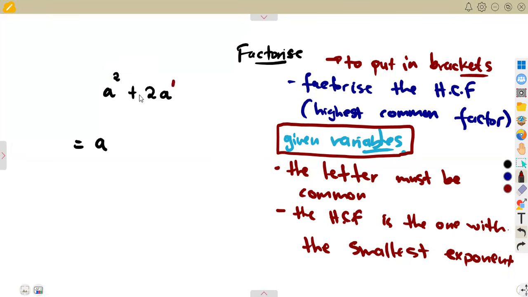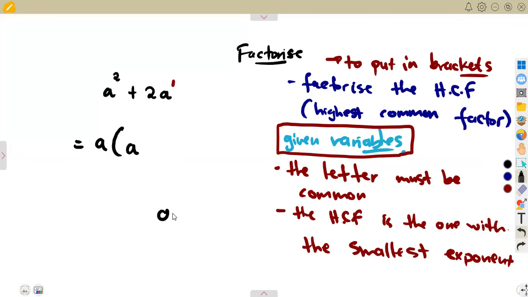So which one has got the smallest power between these 2 and 1? 1 is the smallest. Comparing these two, 1 is smaller. So you are actually factoring a to the exponent of 1. But remember, a to the exponent of 1 is just a. When you factor out your highest common factor, you divide a squared by the common factor, which is a.